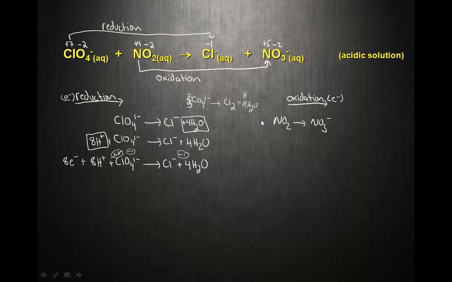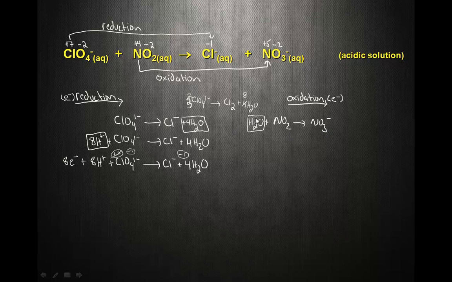Okay, let's go over and do the oxidation side now. I've got my N's are the same, which is good, but my oxygens are not balanced. So what I need to do is make sure that I have the right number of oxygens. So I'm going to put 1 water on the reactant side, because now I have 3 oxygens and I have 3 oxygens.